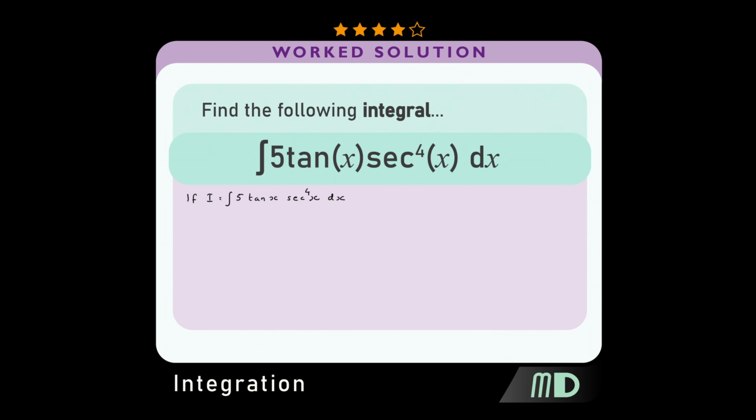So, by setting y equal to the secant of x raised to the power of 4, then u is equal to the secant of x when y is equal to u to the power of 4.